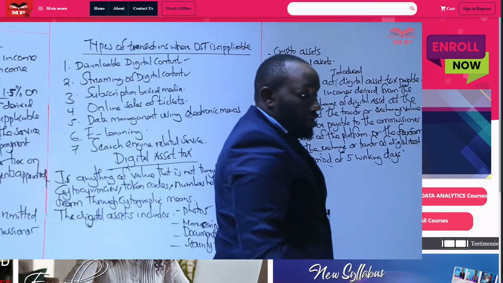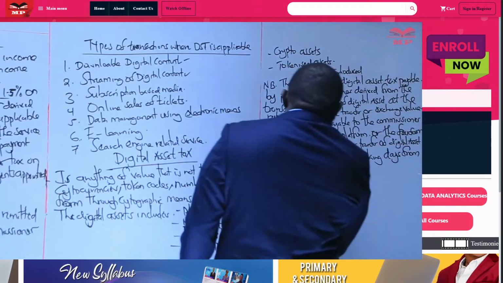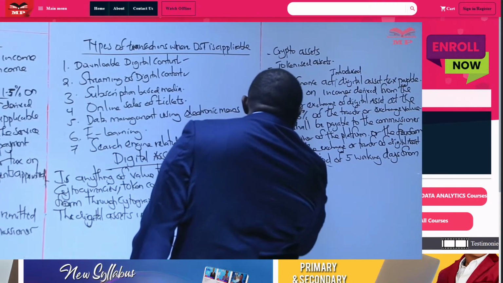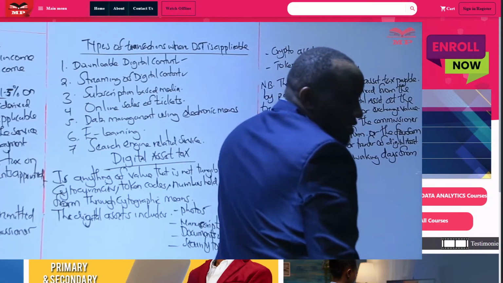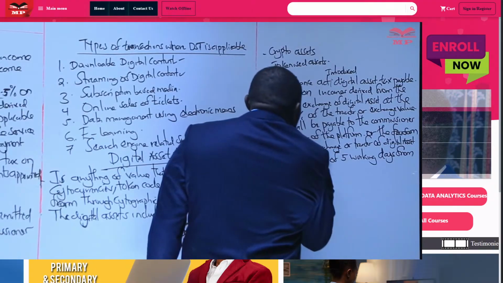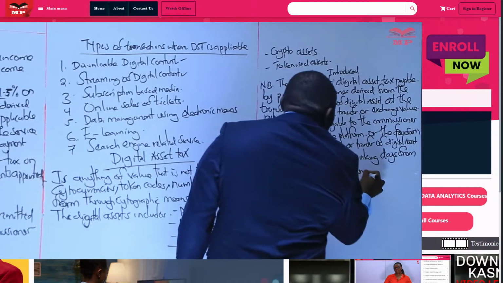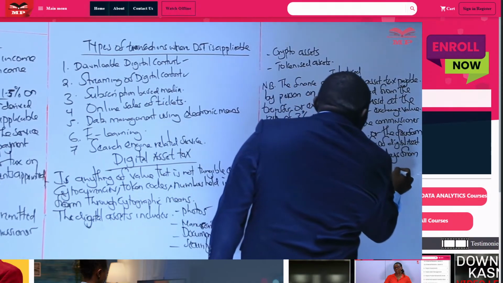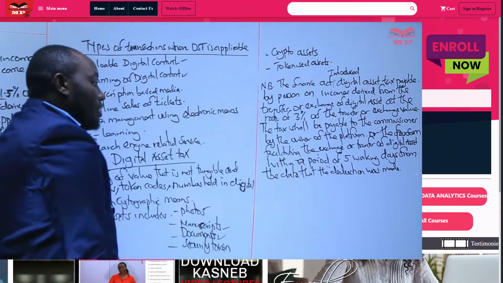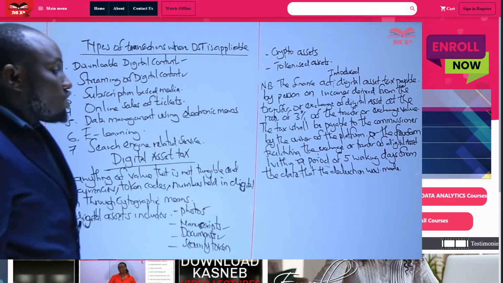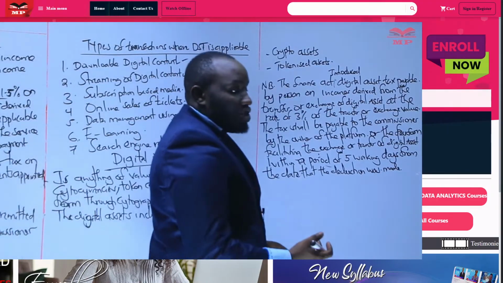Within a period of 5 working days from the date that the deduction was made. So that amount needs to be remitted to the commissioner, that is the KRA, within 5 working days from the date in which the deduction was made by the platform or the person facilitating the exchange.